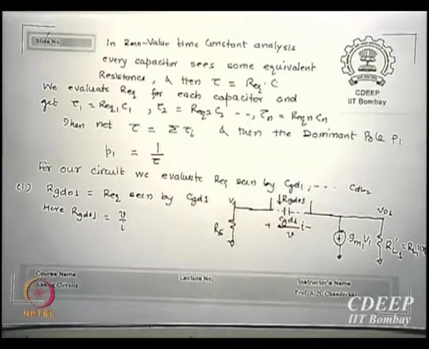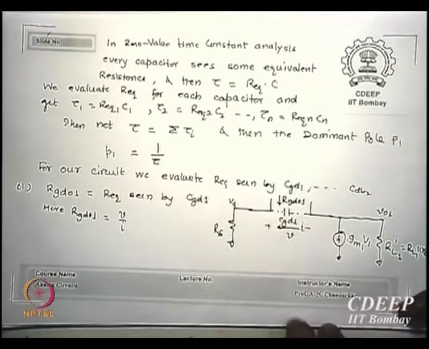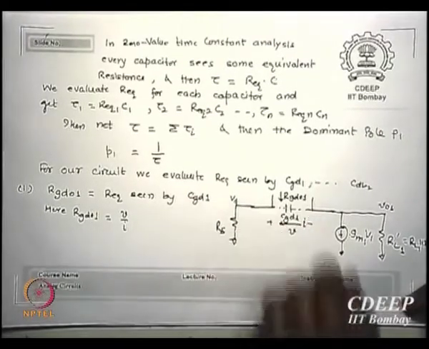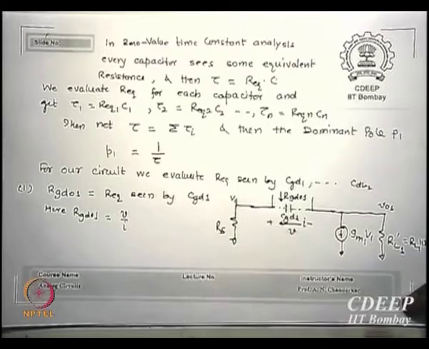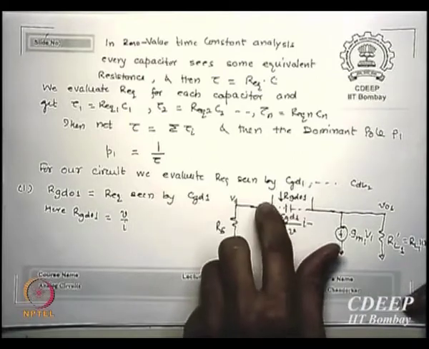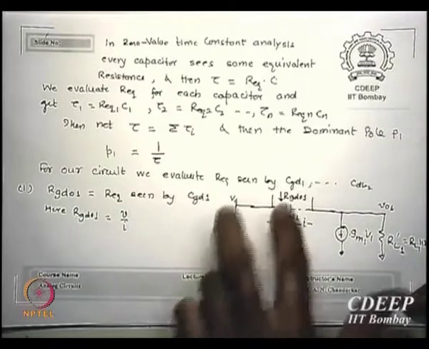Now the condition which I am going to say: replace this capacitor by a current source I. Is that correct? And we say the drop across the capacitor is plus minus V. Is that clear?